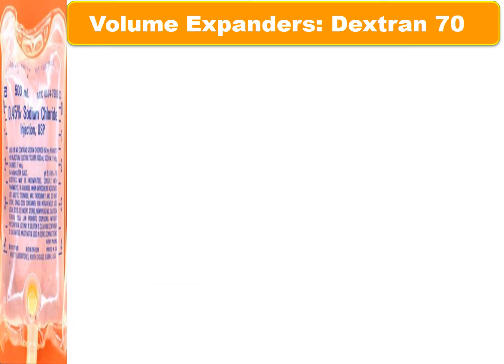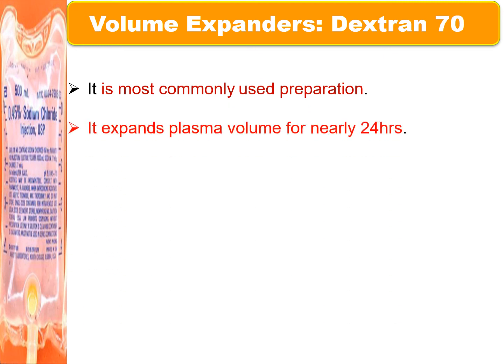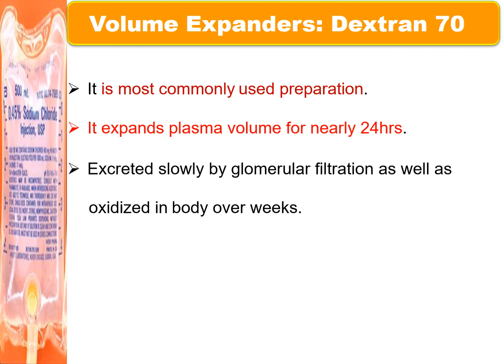Now, let us discuss the important facts of the plasma volume expander dextran 70. Dextran 70 is the most commonly used preparation clinically. Dextran 70 expands plasma volume for nearly 24 hours.